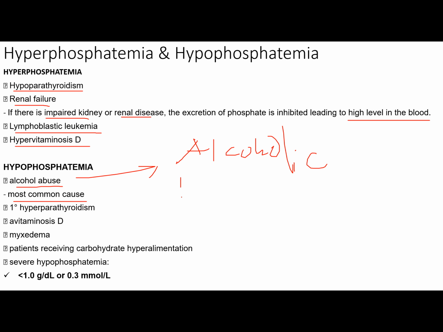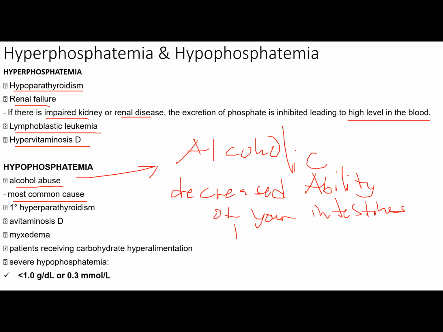The reason for that class is because there is a decreased ability of your intestines to absorb nutrients. And one of those most affected nutrients is the ion or the electrolyte phosphorus. That's why alcohol abuse is most common. Most of the time kapag alcoholic ka, mababa ang phosphate mo.